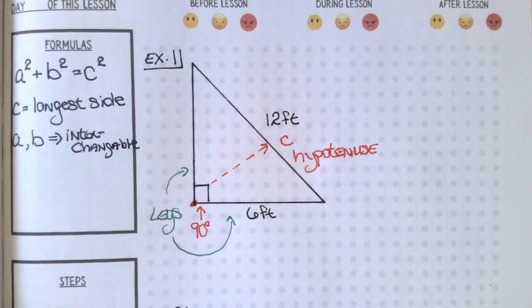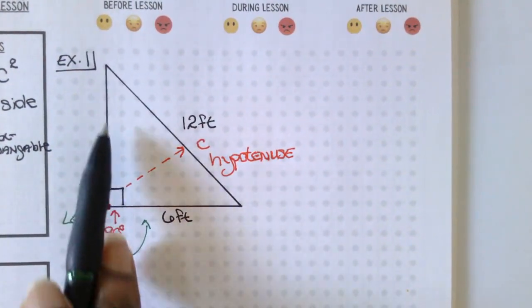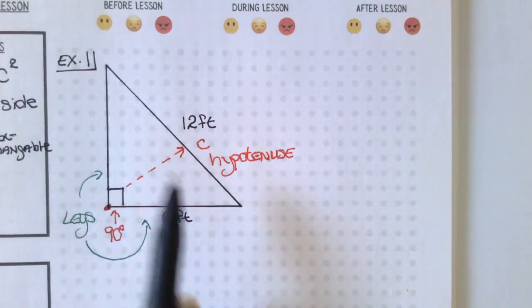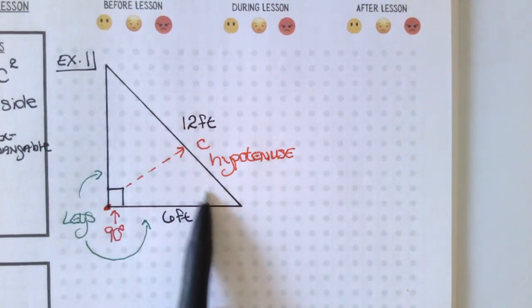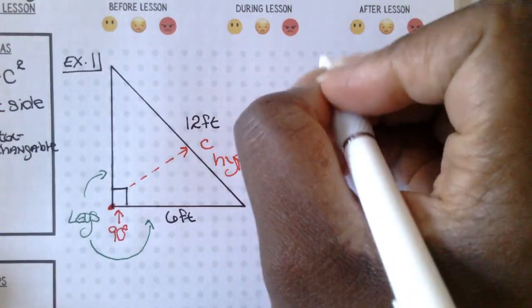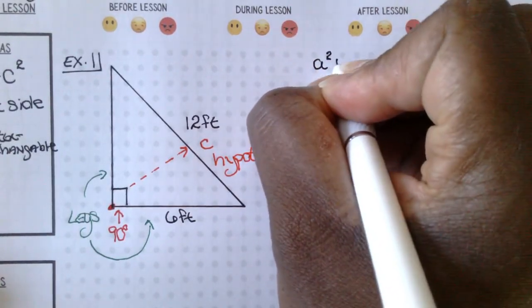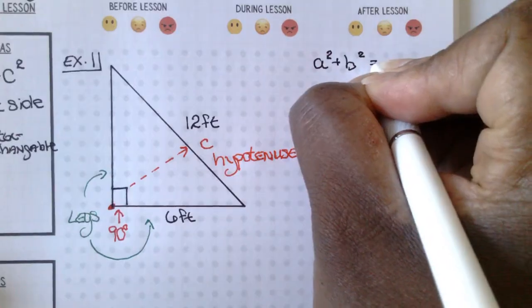So, now, let's take a look at this problem. So what's happening is that we're missing the length of this side. But we have one of the legs and we have our hypotenuse. So if we plug it in, our original equation is a squared plus b squared equals c squared.